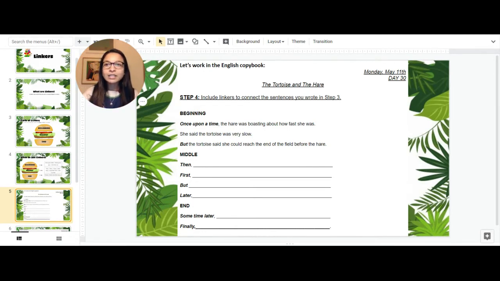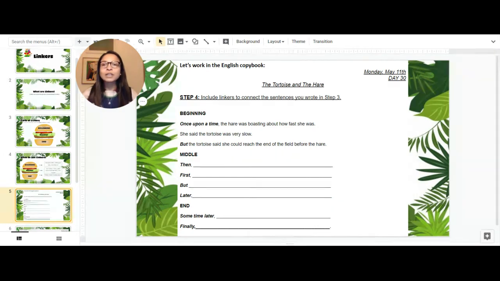Well, as you can see here, all the steps that we followed while learning how to write our retellings are very important. Remember, step number 1, we decided to look for words in simple past and important words. And we kept on following steps that are very important. Okay?